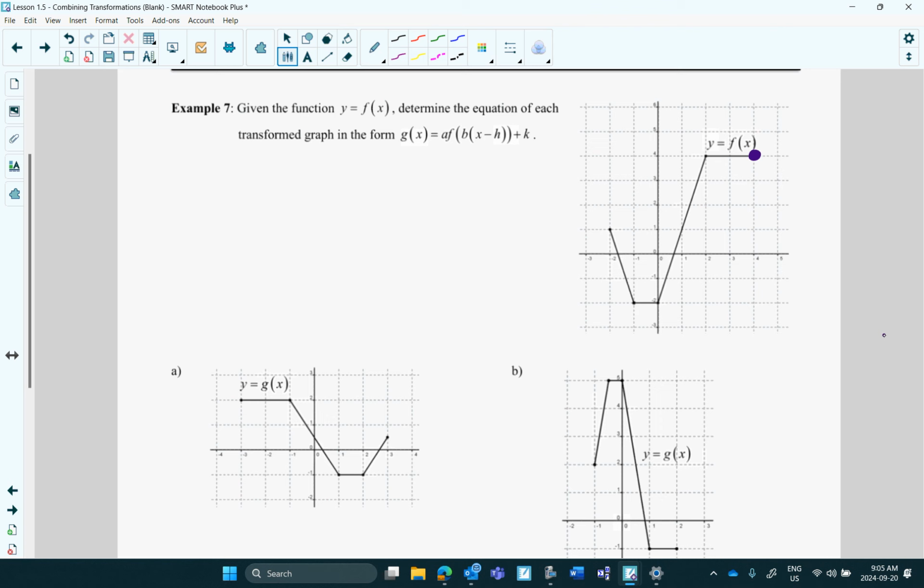All right, you guys told me that it flipped horizontally. So it went over the y-axis, right? So that means this one goes out here.